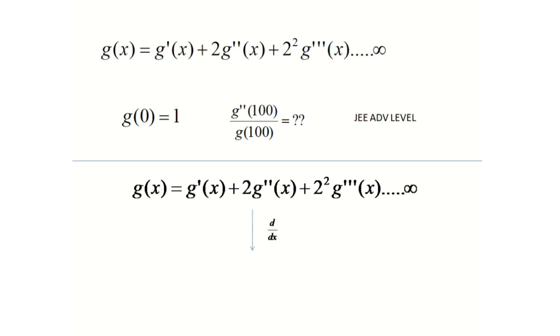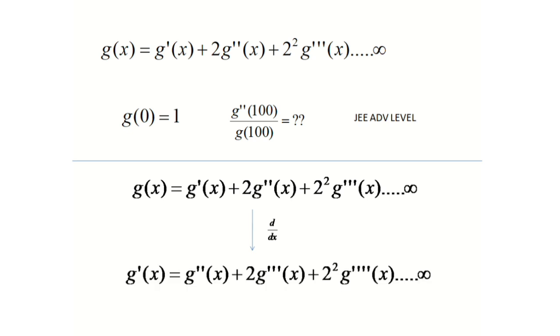So now let's take this equation and differentiate both the sides. In LHS we will get g dash of x, and in every term of RHS you can add one more dash. So let's take this equation and multiply it by 2.